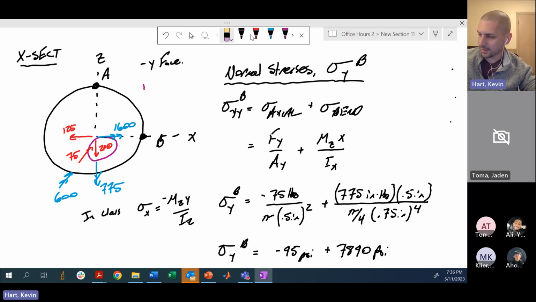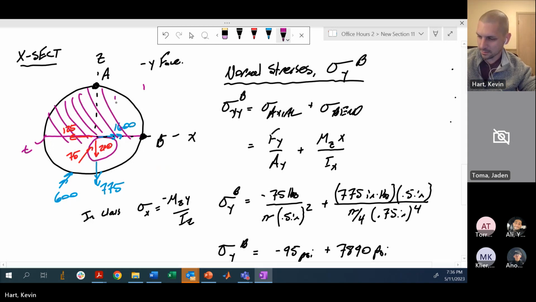So I draw a line across my piece at my point of interest, and that's going to look like this. This is my variable T now. That's T, the thickness of the piece at the point of interest, giving me all this for what would be my A prime term. Similarly, if I'm going to continue on, I need to calculate what the centroid is here of this particular guy.